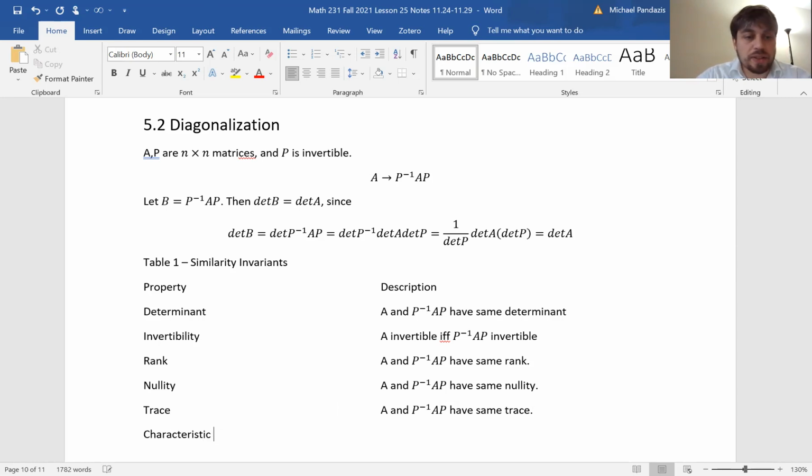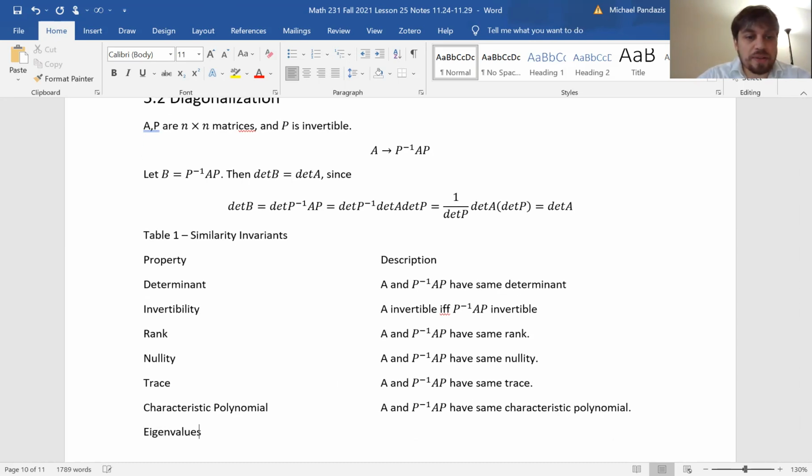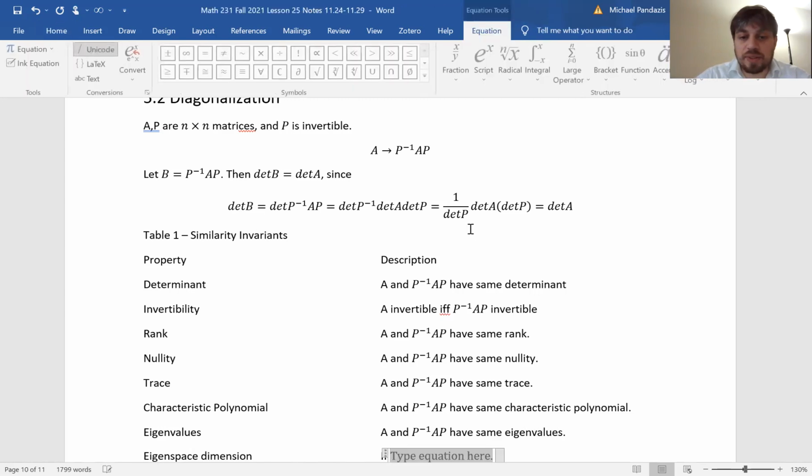Characteristic polynomial: A and P inverse AP have the same characteristic polynomial. Eigenvalues: A and P inverse AP have the same eigenvalues. Eigenspace dimension, and this I'll have to say a little more.